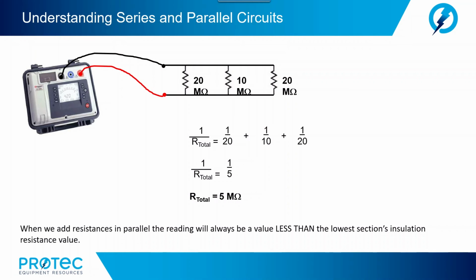We take the reciprocal of that, and our total resistance of the new assembled busway system is going to be 5 megohms. So notice that when we add resistances in parallel, the final reading will always be less than the lowest section's insulation resistance value.